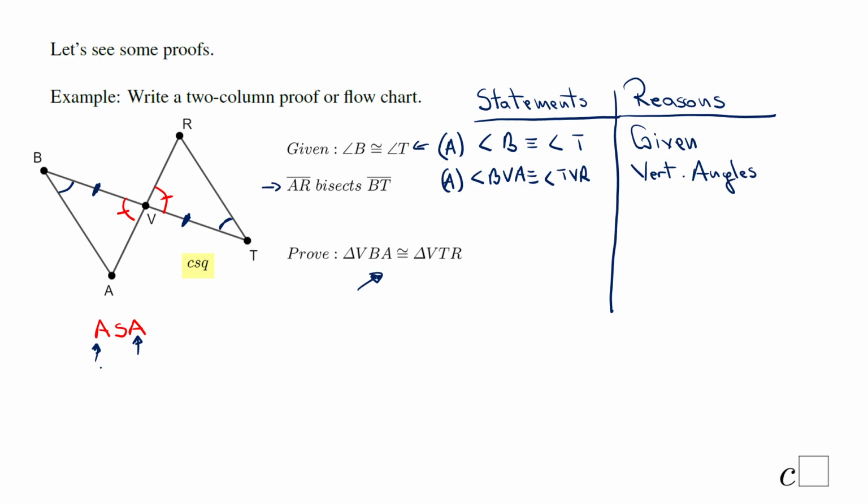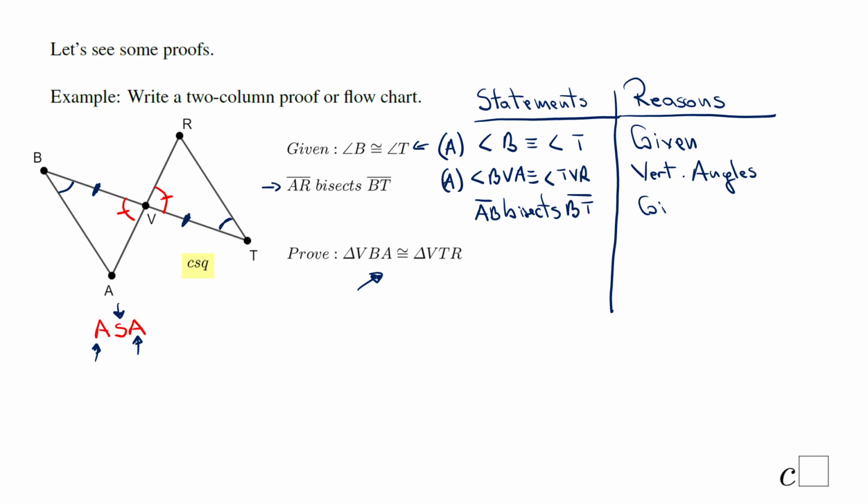And now we need to come to this side. But first of all, you cannot just put that these two parts are congruent. You have to put some other statement, which is segment AR bisects segment BT, and this is given, right?